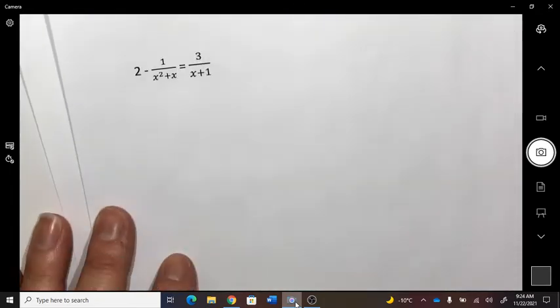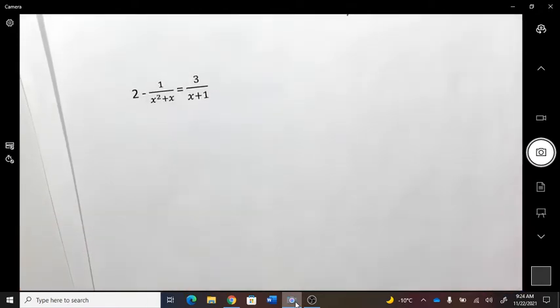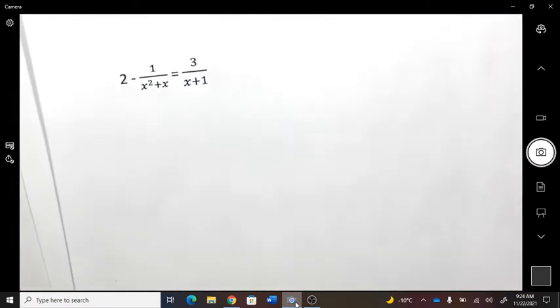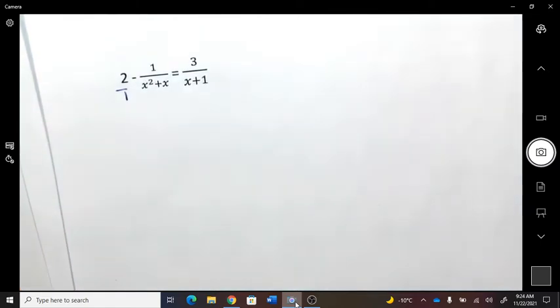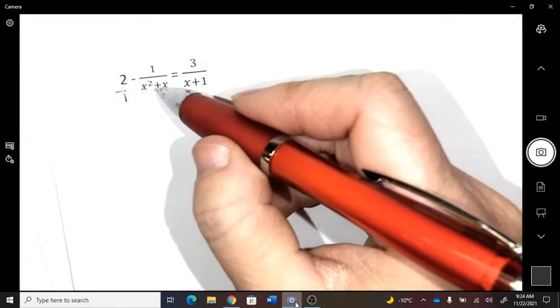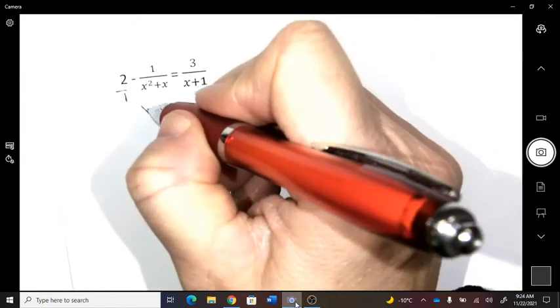Okay, next one. Cross multiply or common denominator? Common denominator. So I'm just going to put that over 1 right now. And I'm going to factor this. So it's a GCF x.